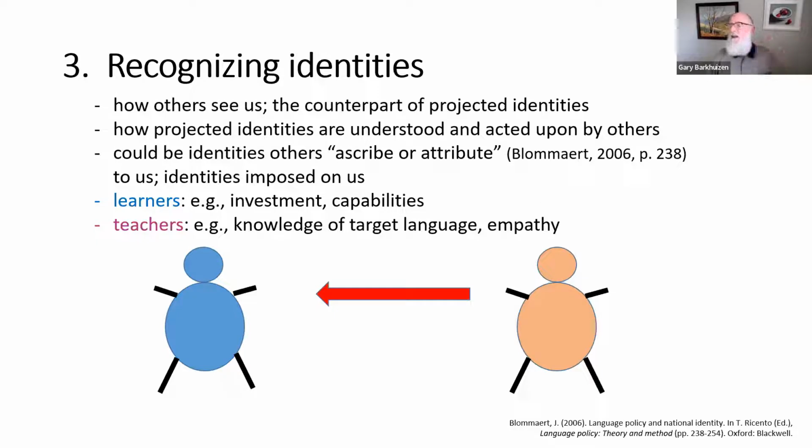Identities, of course, could also be ascribed or attributed to us, even though we don't like them, right? And these are often contested by us, particularly if it's an identity that's dumped on us and we don't particularly like it. As you can see from the little diagram here, these are identities that go the other way. They're recognized by others.